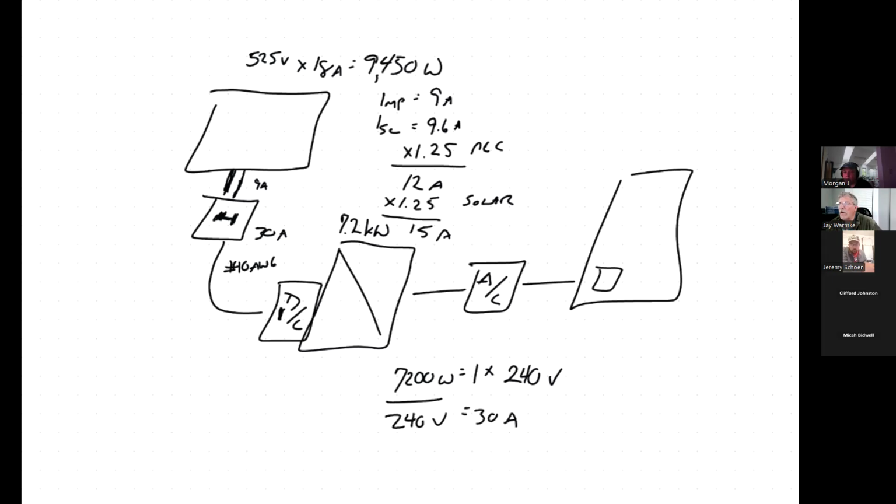But we have to multiply that times 1.25. That's our NEC safety margin. We have to put that back in. We no longer have to put in the solar variability margin because it's no longer variable. It's being controlled by the inverter. So 30 times 1.25 is 37.5. So the wire here is 37.5 amps.